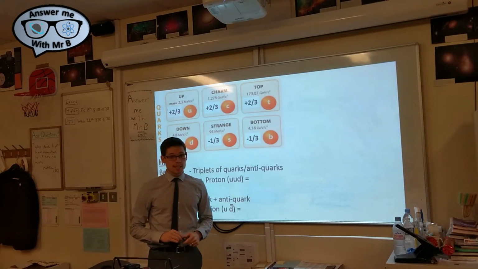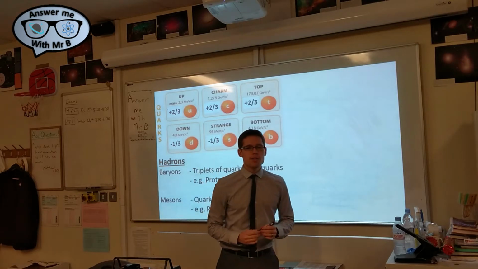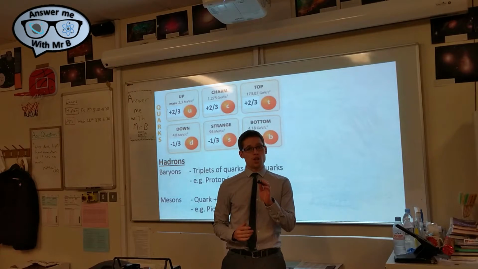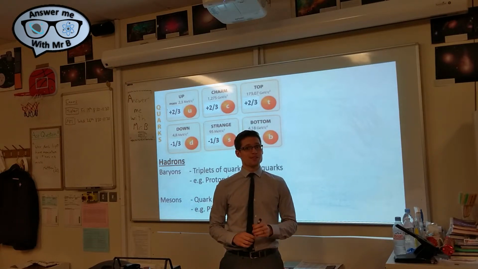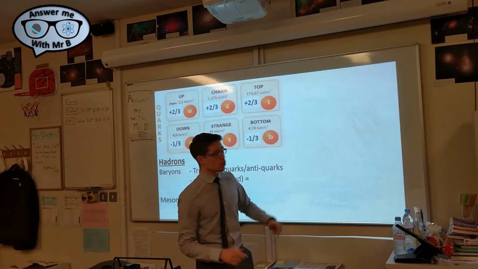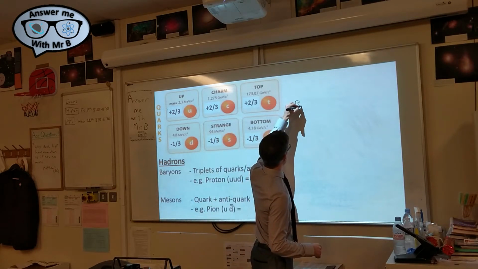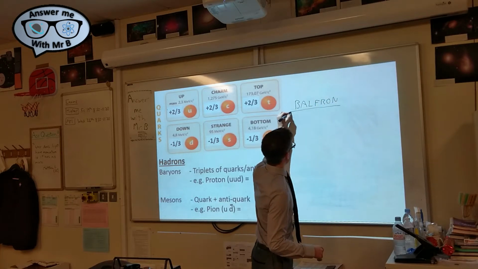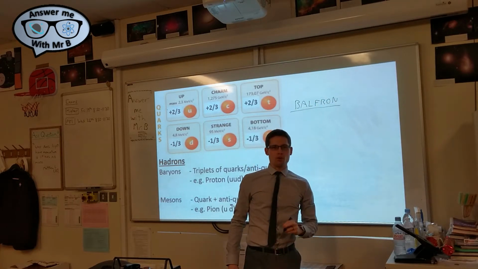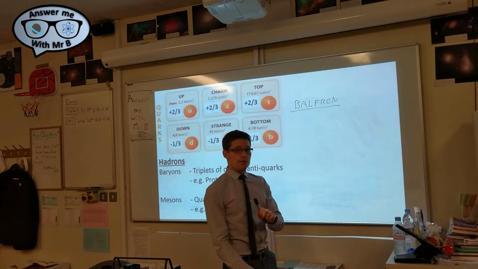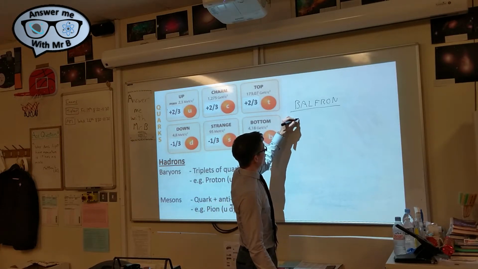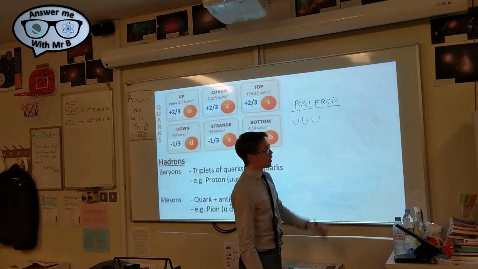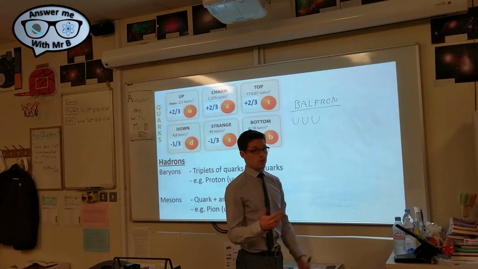Now, I'm quite excited about this next bit because I'm pretty sure I've just found a new particle that nobody else has discovered. And I'm going to call it the balfron, naturally. And a balfron consists of an up quark, an up quark, and an up quark. 3 quarks.